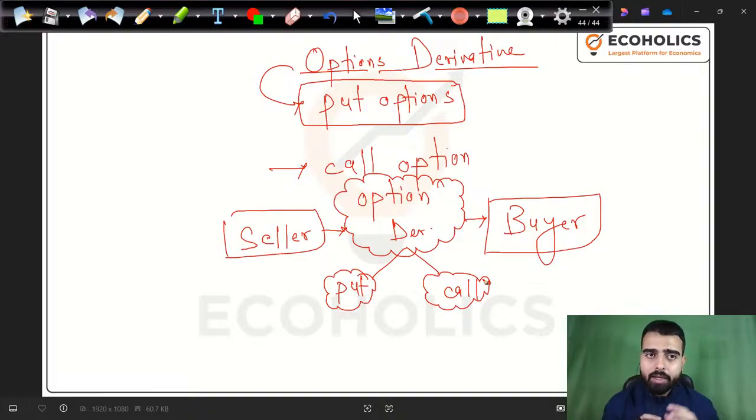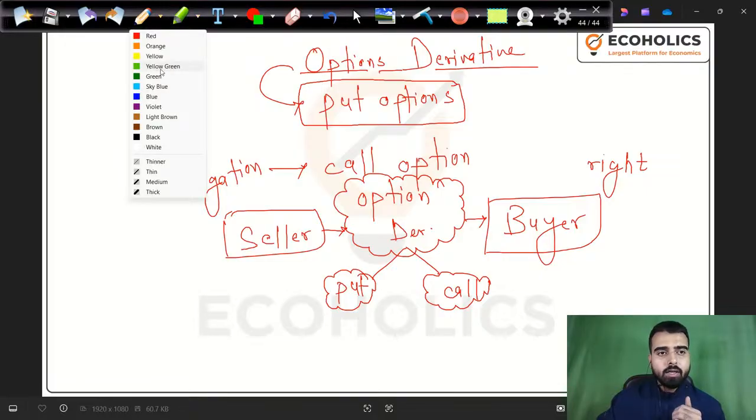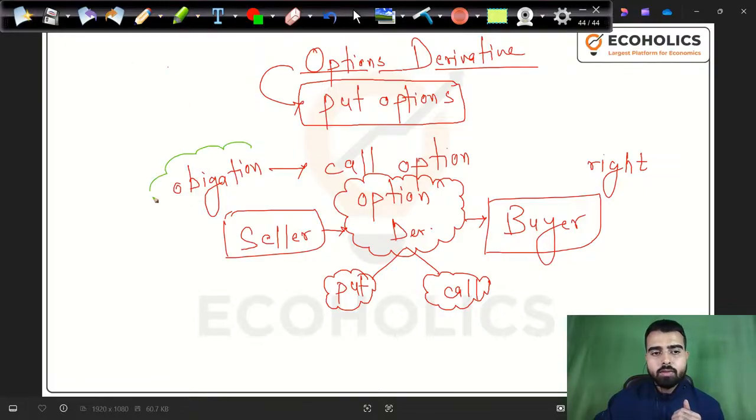They have a mandate to fulfill the nuances of that agreement. They should be honoring the agreement. Over here, the seller has an obligation and the buyer has a right. What this is all about, we will see in detail. It will hardly take a few minutes.